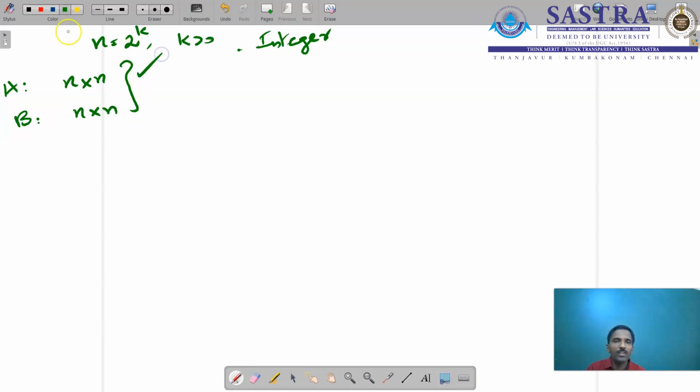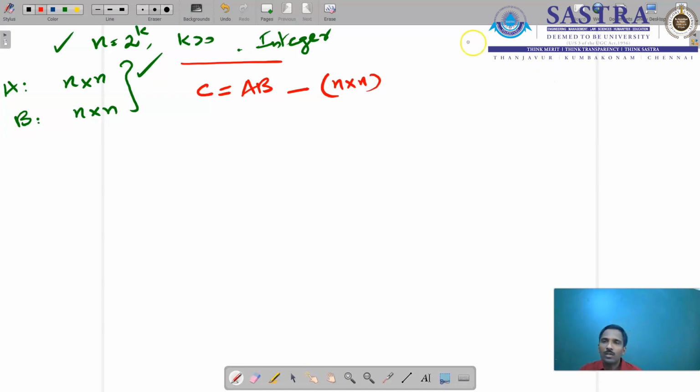When n is represented in this form, n is equal to 2 power k, we can multiply the two matrices A and B. The resultant matrix is C is equal to A into B. A is of order n by n, B is of order n by n, so the resultant matrix is of order n by n.